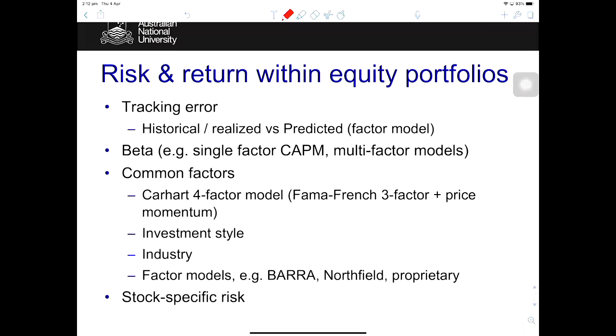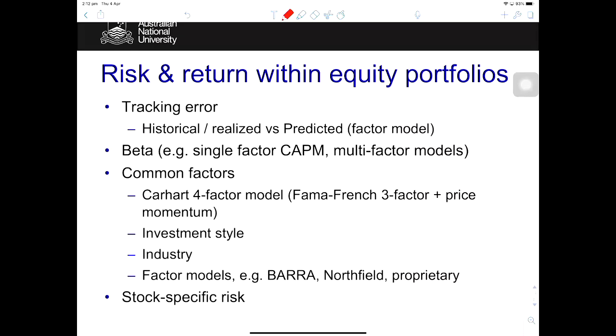If you are running the return of your equity portfolio relative to a market index, you are estimating the beta. And also, we might introduce other factors so that you might have an estimation of the factor model. So what are the relevant factors driving your equity portfolio return?